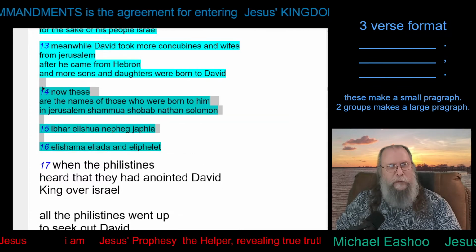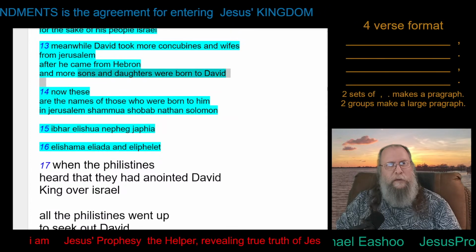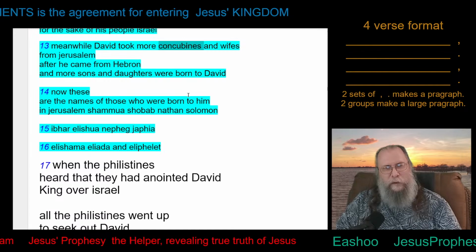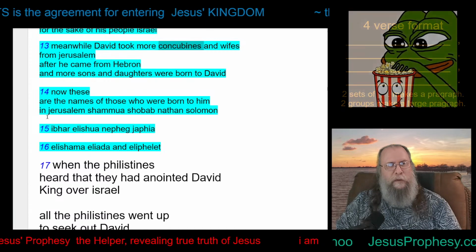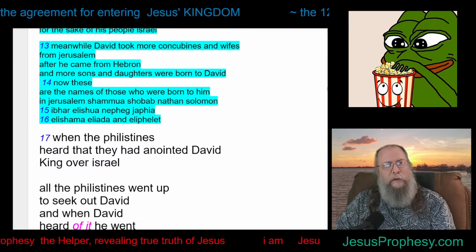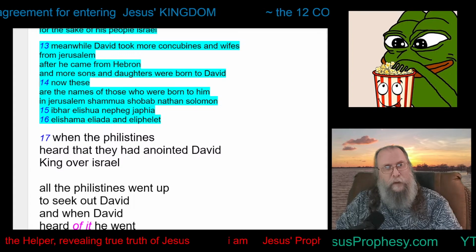So they're just putting that in here to say this, and David is not going to be an adulterer. That's against the 12th commandment. So this is all just oversalted words, definitely.